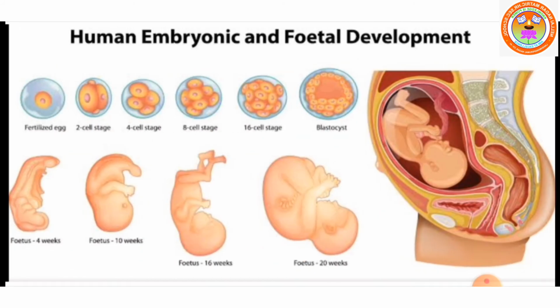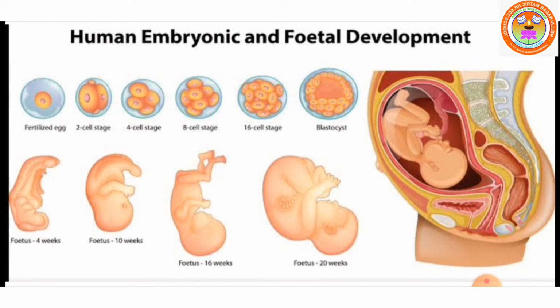Now the next step is organogenesis. So what is organogenesis? Organogenesis is a process by which the three germ layers of the embryo, which are the ectoderm, endoderm and mesoderm, develop into internal organs of the organism. The primary germ layers serve as a primitive tissue from which all body organs develop.